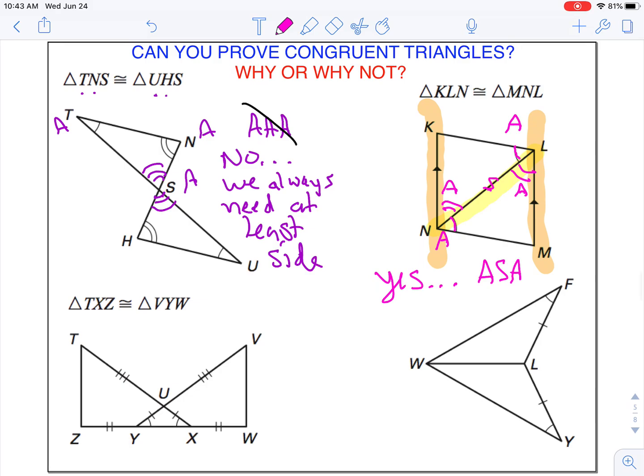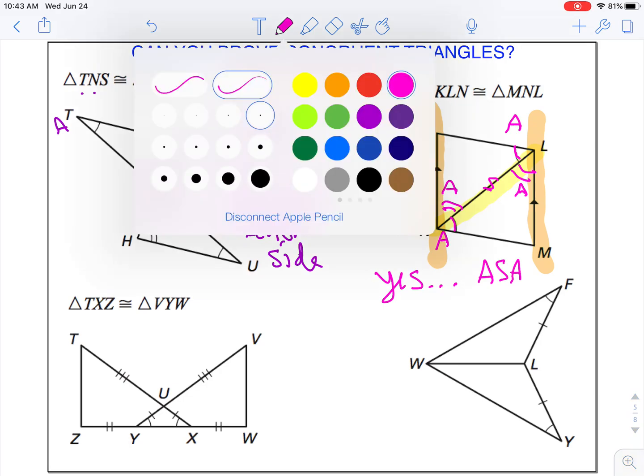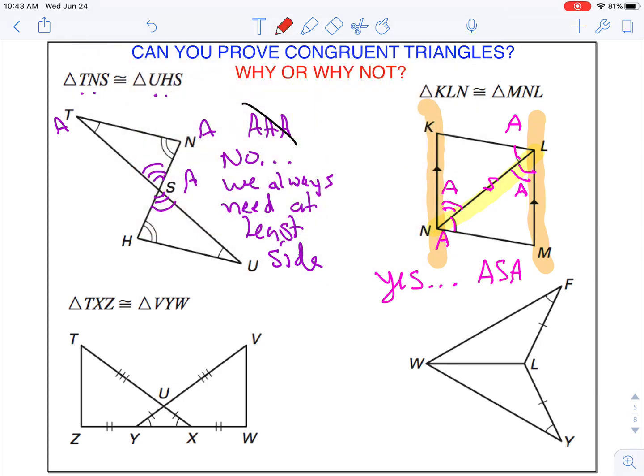Let's look at the next example. Can we prove these triangles are congruent? This side right here is one tick mark plus three tick marks, and this side right here is also one and three. So this side is corresponding congruent to this side. We also have that these angles are marked congruent.